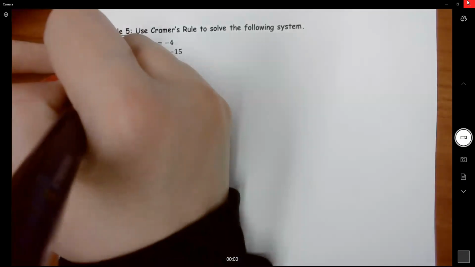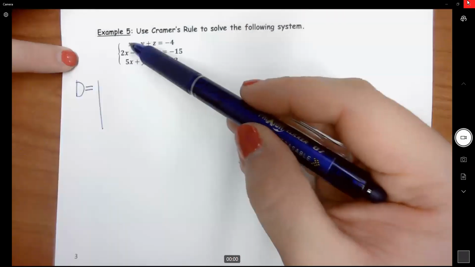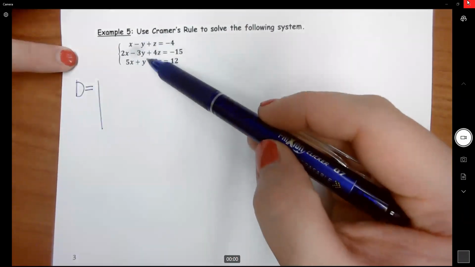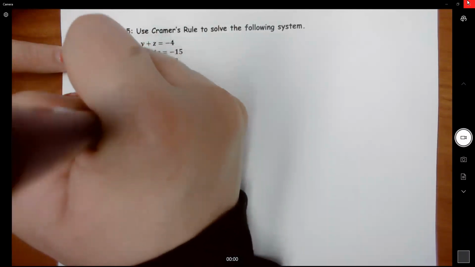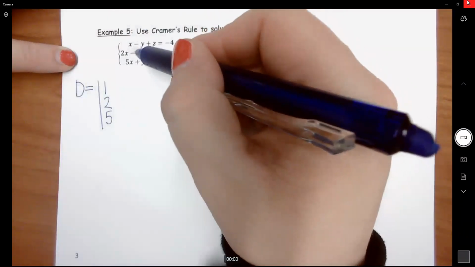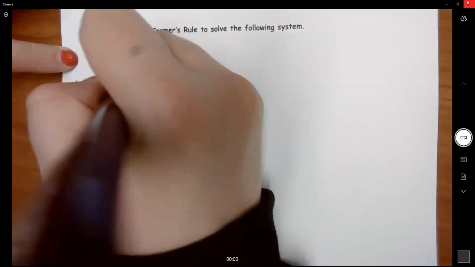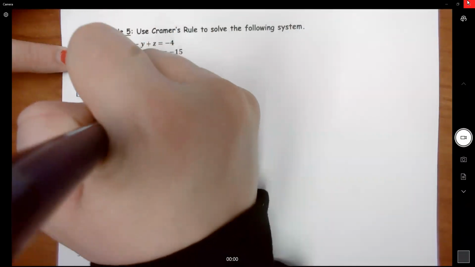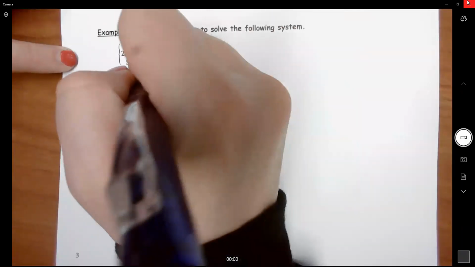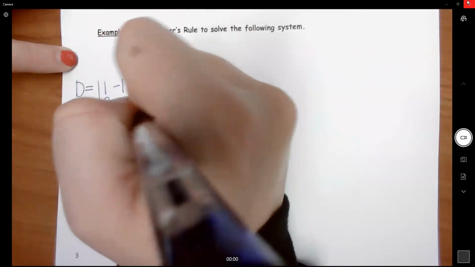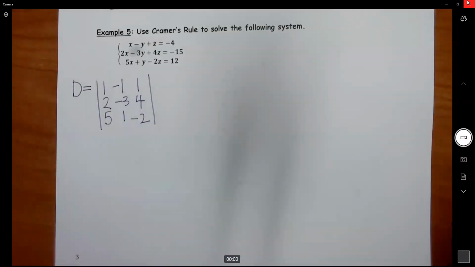For my d, it is my x, my y, and my z column. So this is 1, 2, 5 for x. -1, -3, 1. 1, 4, -2. And so there is d.